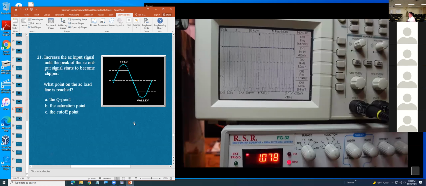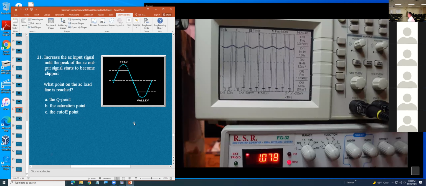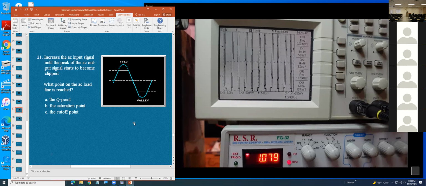And you can see the signal. Okay, let's see, auto set measure.